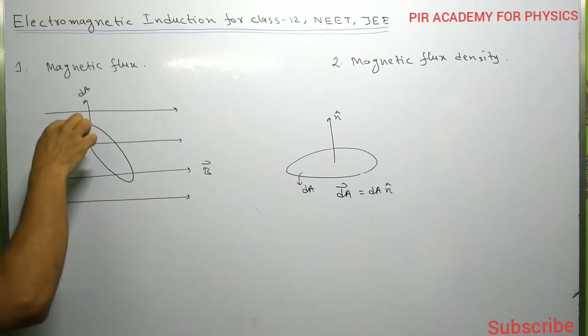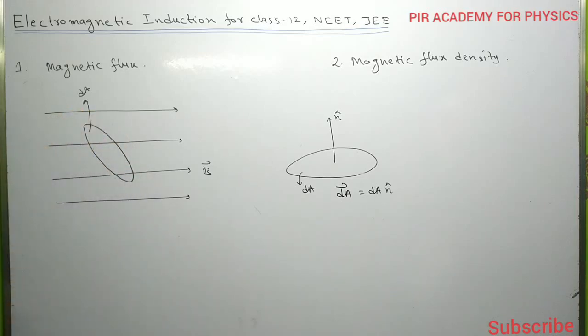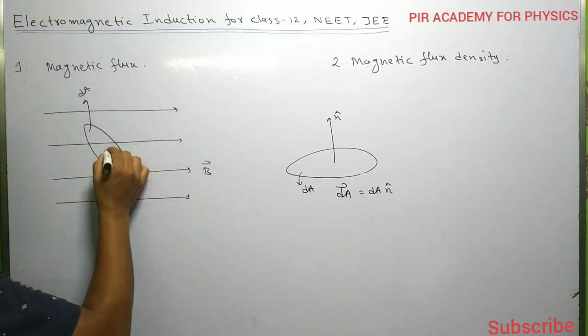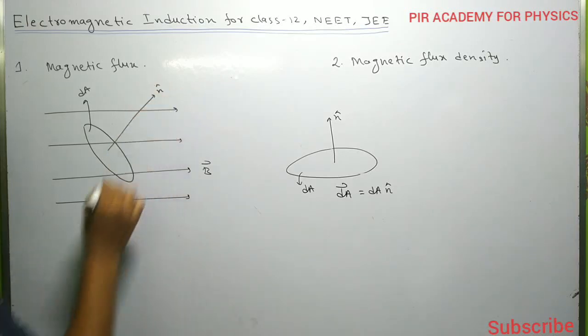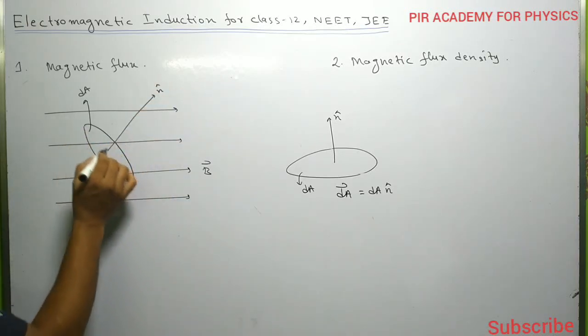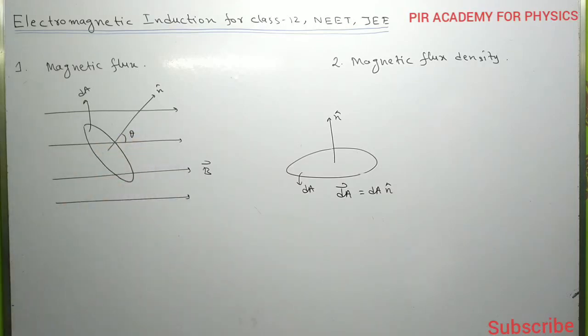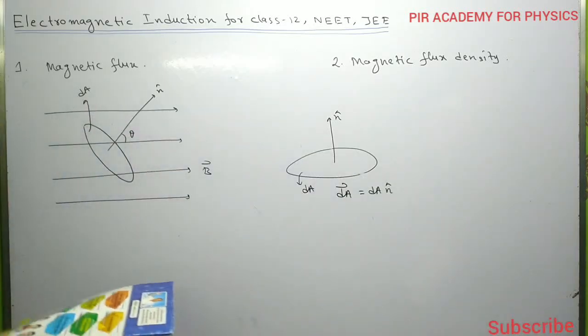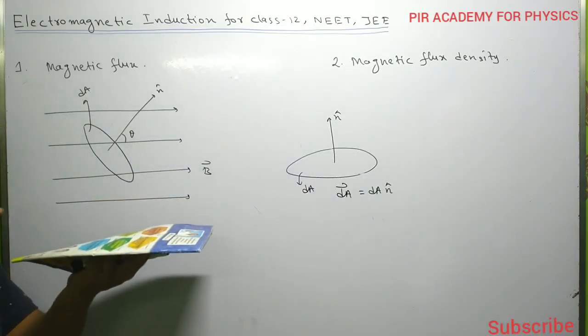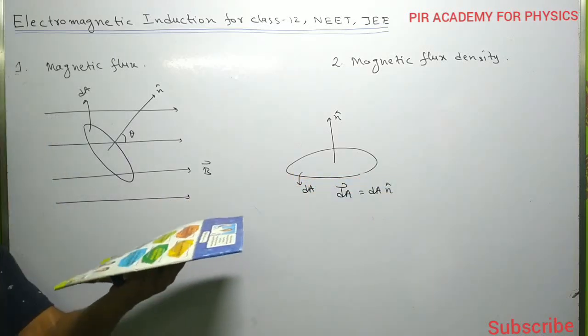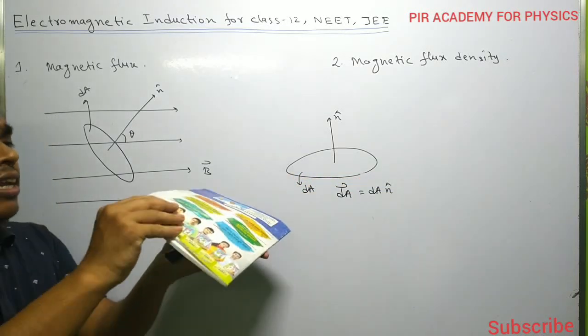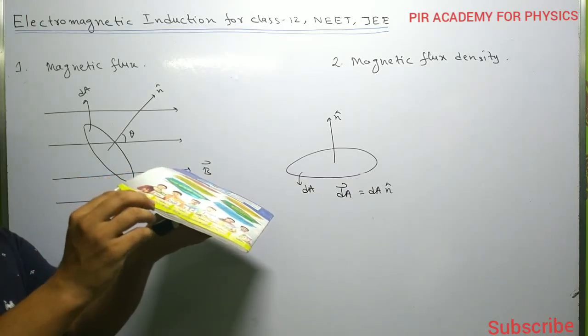So I place an area in a uniform magnetic field, creating an angle. Suppose this is a unit vector. That means the angle the area makes with the magnetic field is theta. Suppose the direction of the magnetic field is along this direction and this is the area, placed like this.